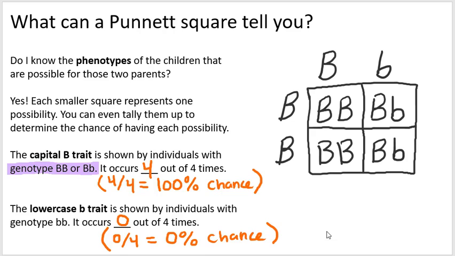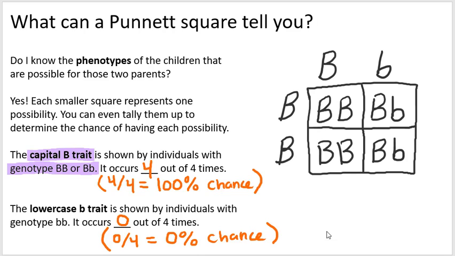Both of those genotypes will show the same phenotype. They're going to show the capital B trait, or the dominant trait. In this example, those two genotypes, either or, occurs 4 out of 4 times. So there is a 100% chance of having children with the capital B trait for these two parents.